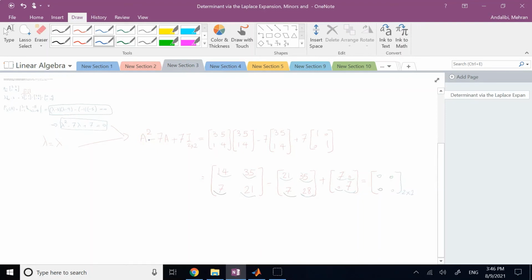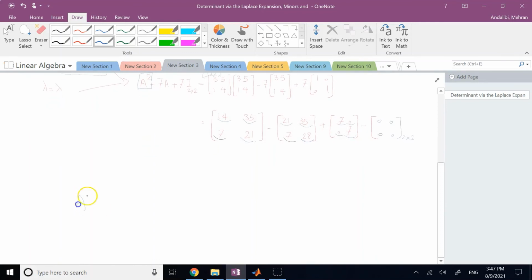Good? Now you might say, okay, fine, good. We found that it is. Now, what's the point? How can I use it? Well, the use is this. If I know this, then instead of me calculating A to the power 2, since this whole thing is equal to 0, 2 by 2, right? Here, A squared minus 7A plus 7 times the identity matrix is equal to 0.